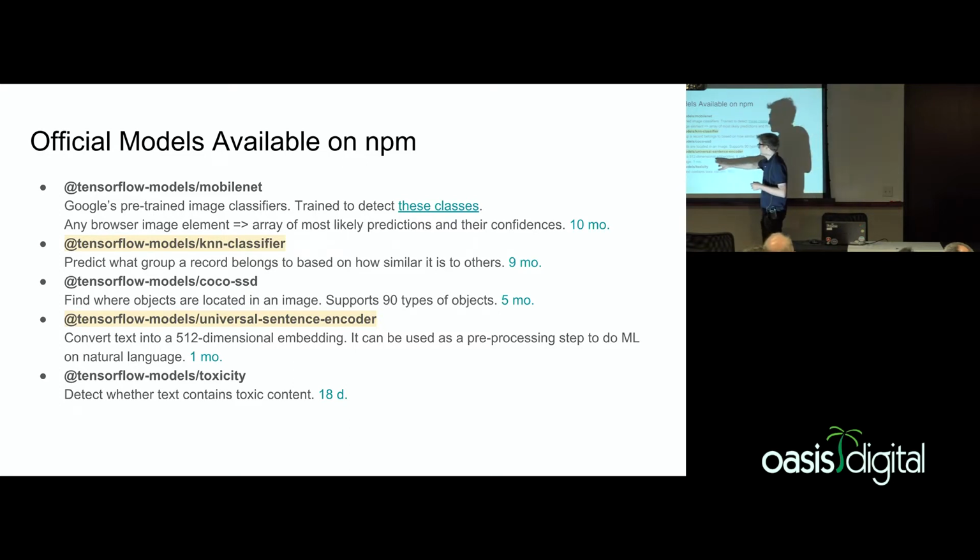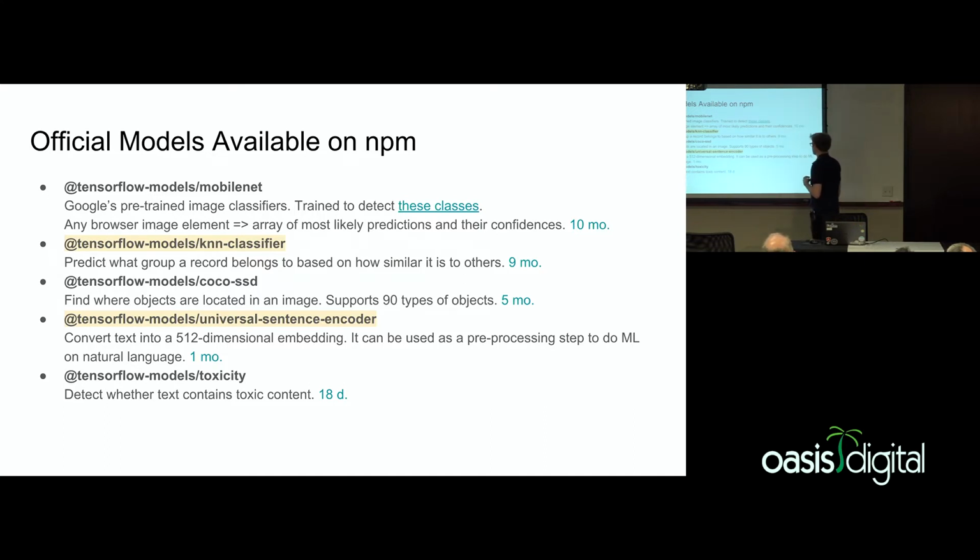They released within the last month this universal sentence encoder, and this is really nice. I'll show this in the first demo. It basically takes any sentence, or I think text in general actually, and it gives you a 512 length array, so a 512 dimension embedding is what they call it.